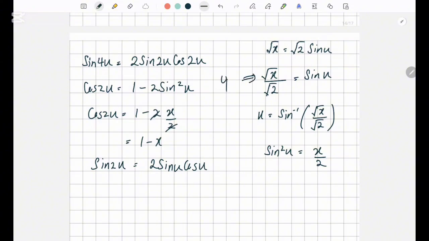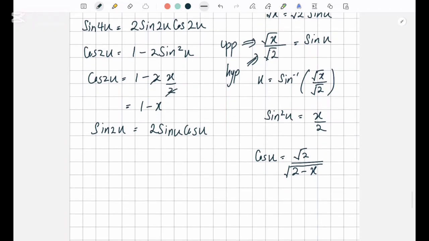If this is your opposite and this is your hypotenuse, the adjacent side is 2 minus x in a root, because when you find the adjacent side, it's the Pythagoras theorem, right? So you need a square root.